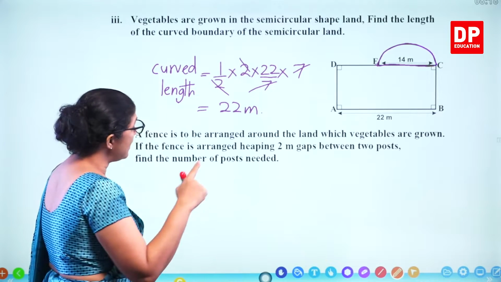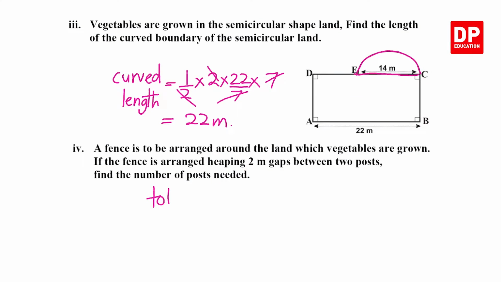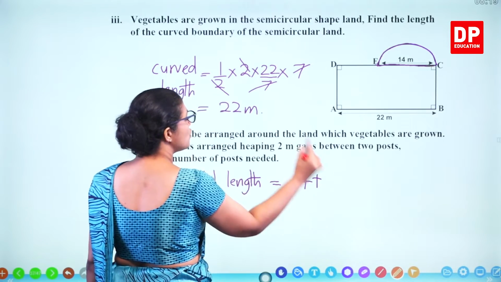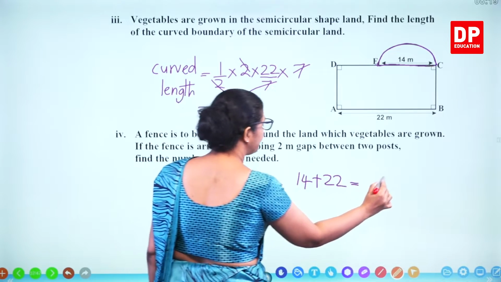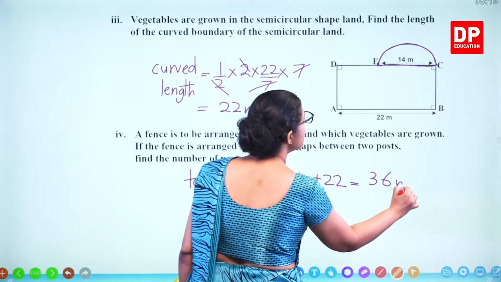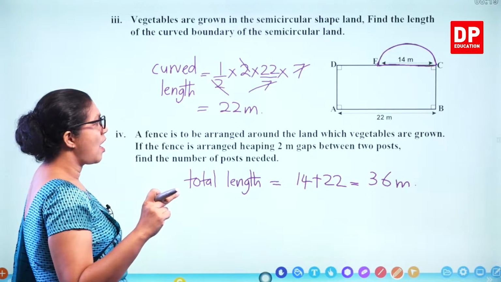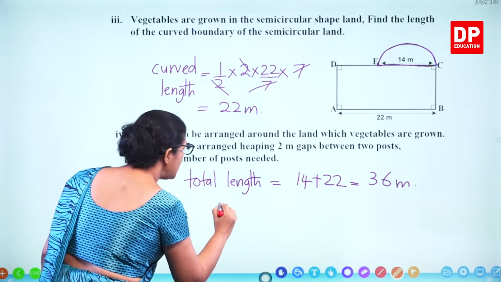So what's the total length for the fence? Total length or the perimeter is 14 plus 22 from the previous part. 36 meters. If the gap is 2 meters, how many posts needed?